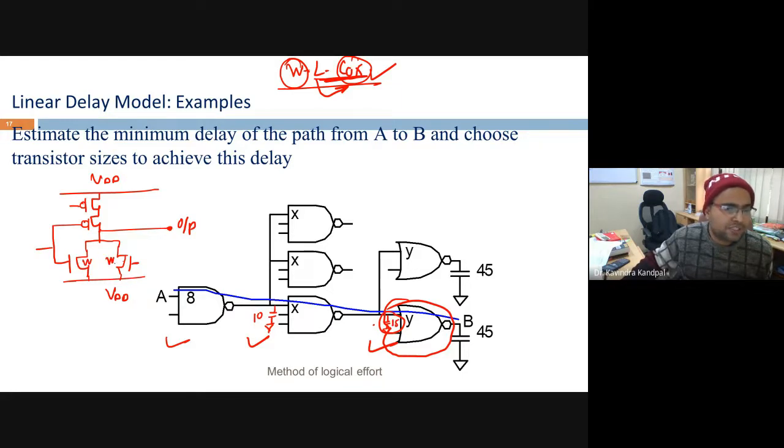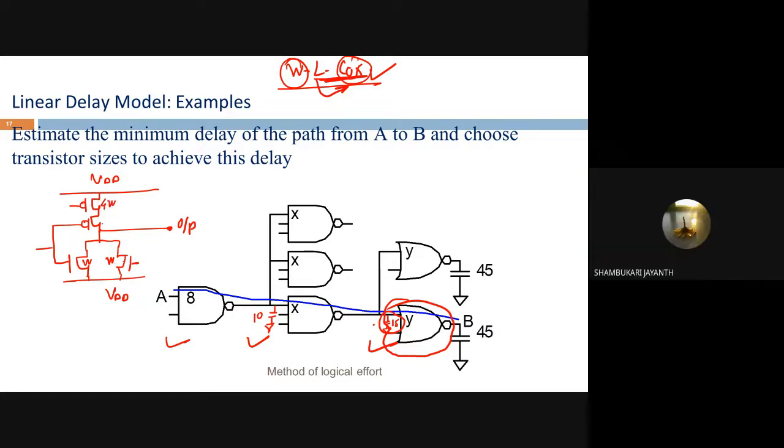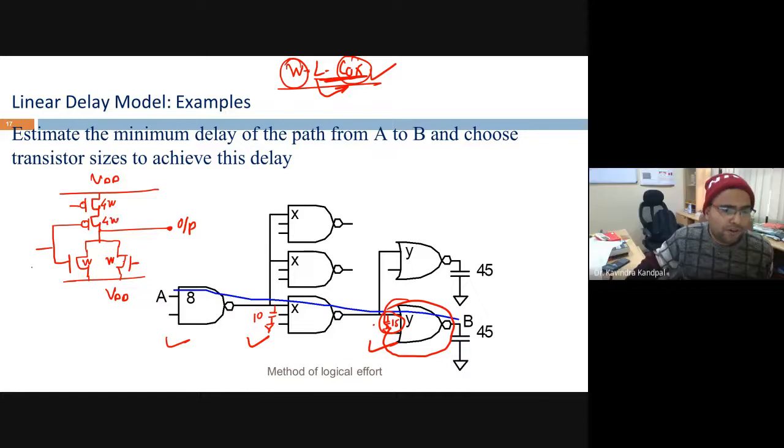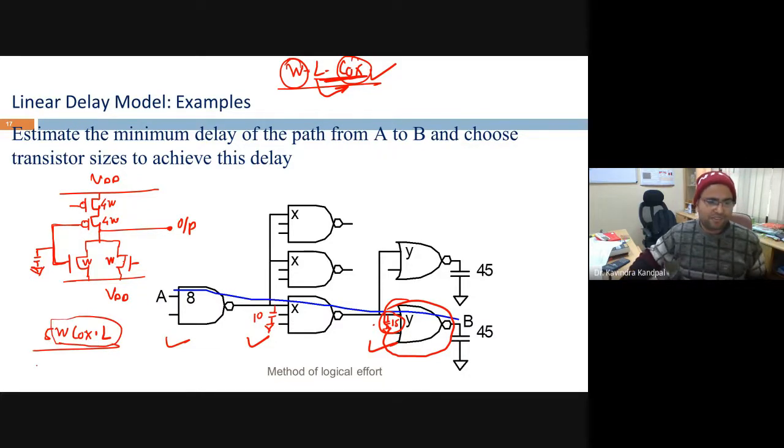If this is W, this is W. What size should I put here? This should be 4W. Right or not? So at one input, how much capacitance am I getting? I'm getting 5W into COX into L. Yes or no? This capacitance CG is 5 into W into L into COX. Yes or no?